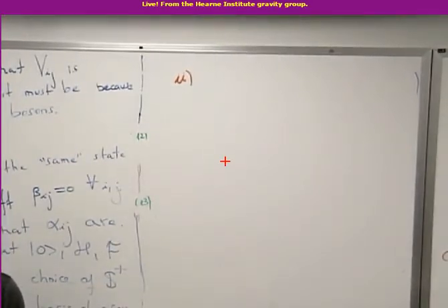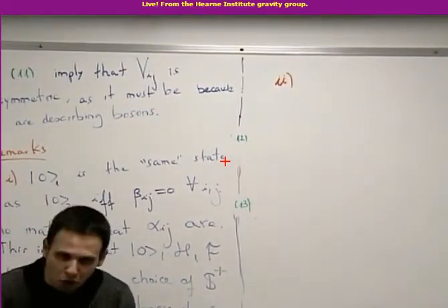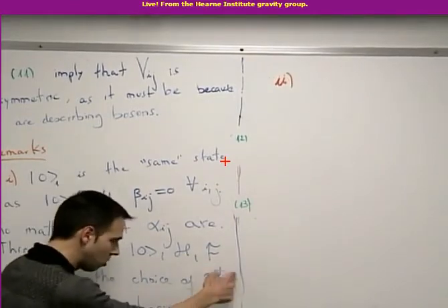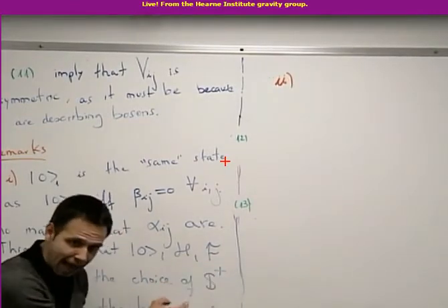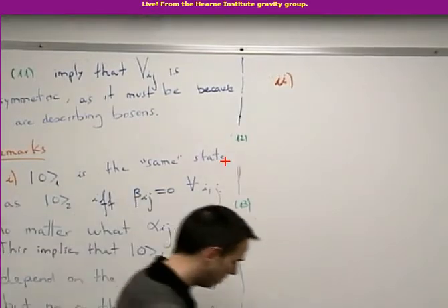So if you want to respect the Poincare symmetry, right. No matter which inertial time you choose, they all come out from the same S plus, so they define the same vacuum.